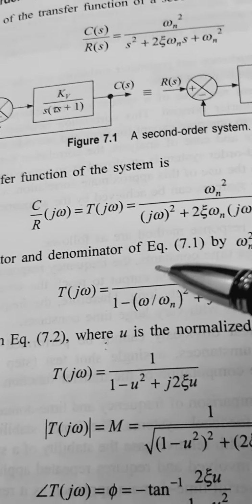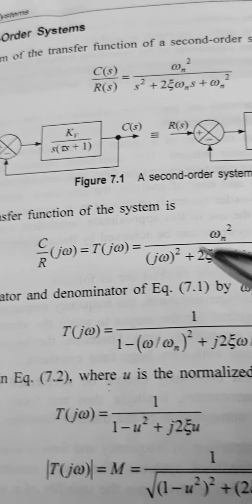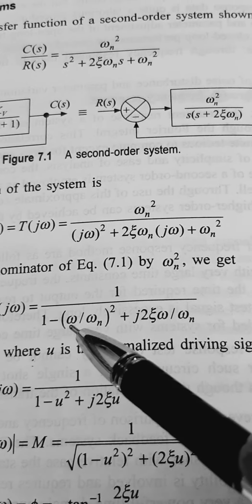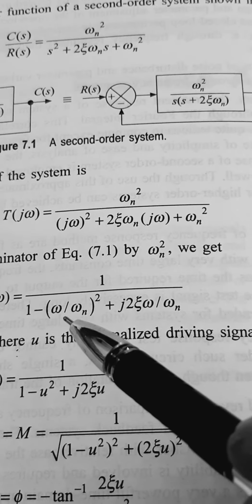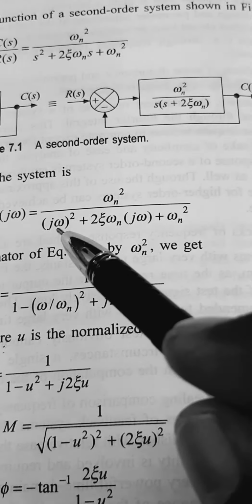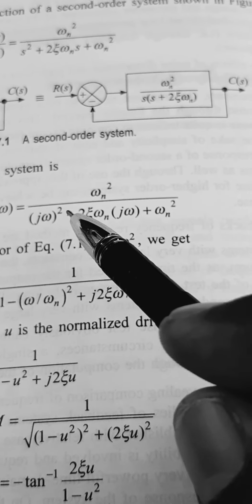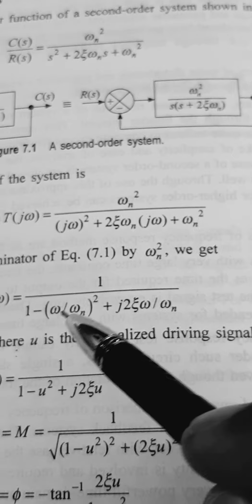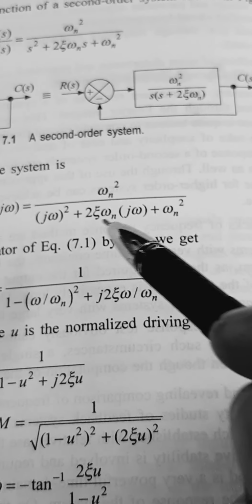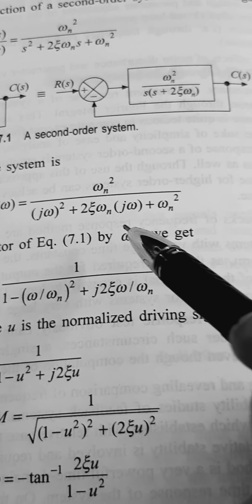Dividing the numerator and denominator by omega n square, you will get 1 minus omega by omega n whole square, since j square omega square is equal to minus omega square, plus j 2 psi omega by omega n.